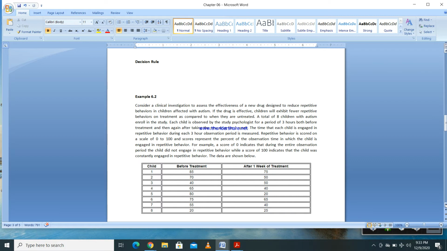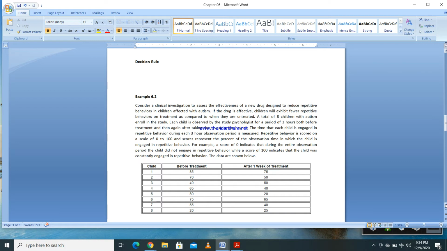So what has happened? There are 8 children who are suffering from autism. There is a new drug, and they want to test whether this new drug is effective or not. If it is effective, it should reduce the number of repetitive behaviors that these children are doing, right?